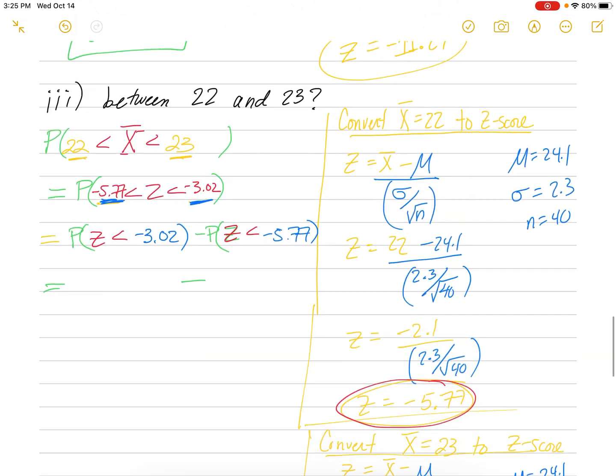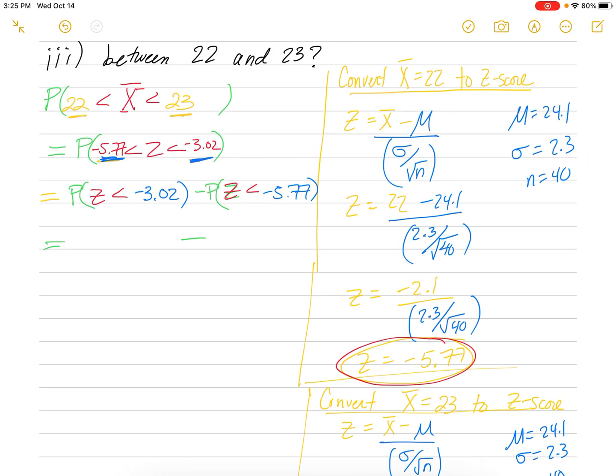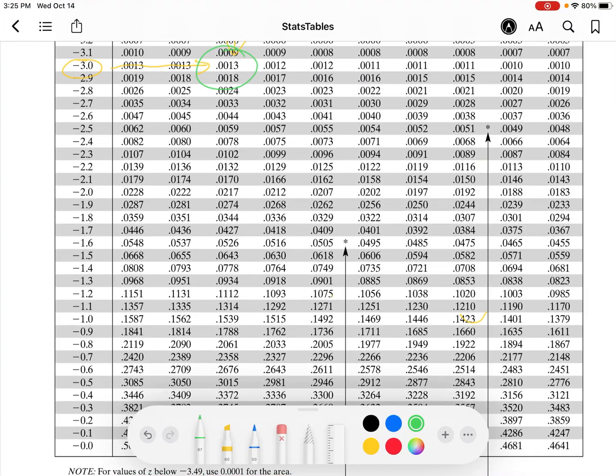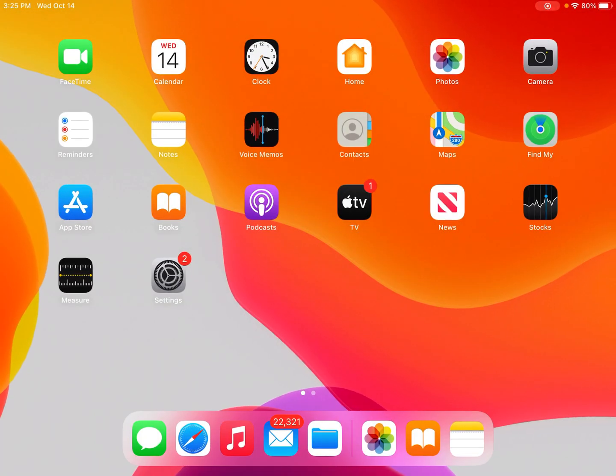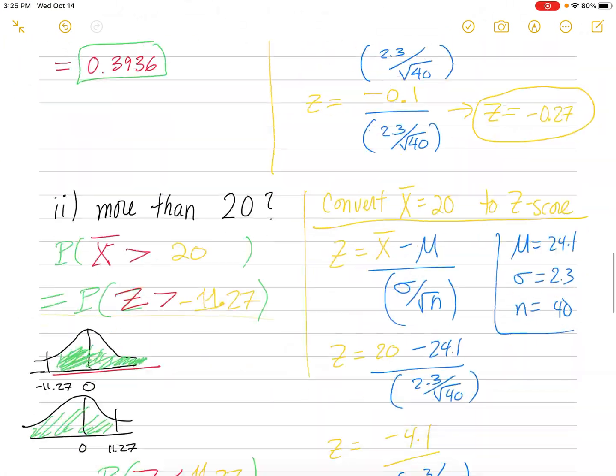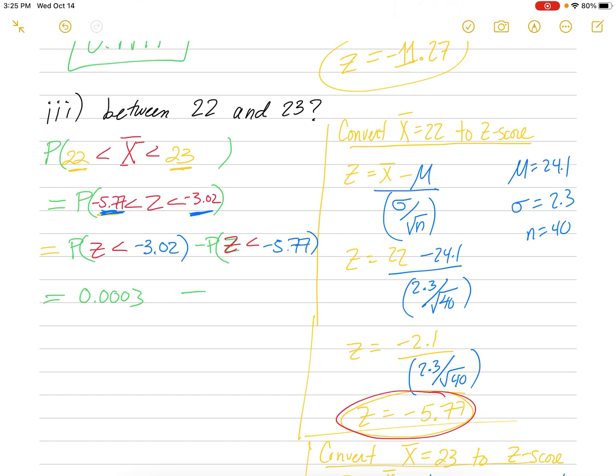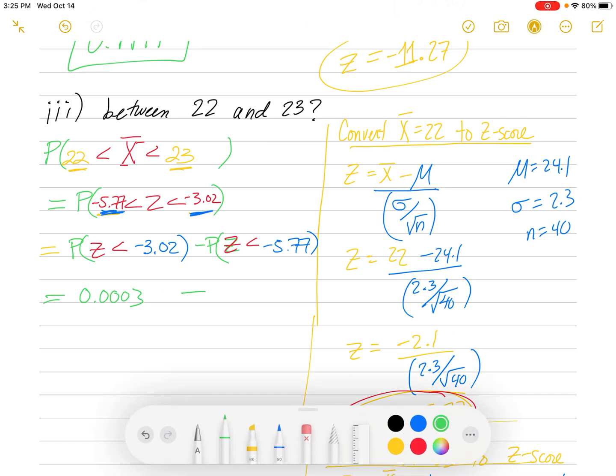The new edition isn't very good, right? It doesn't go back to where I left off. Okay, I forgot my number already. 0.00, okay, that's a 1.3. A 1.3, my bad. So look what happens. It goes back to the top. It doesn't pick up where I left off. That's a big shame with this new version. Okay, so 0.0013 when I looked up negative 3.02.